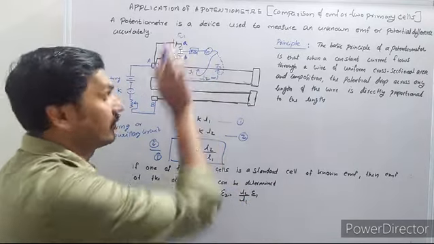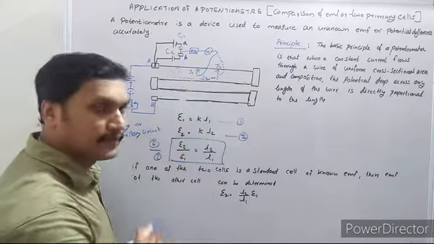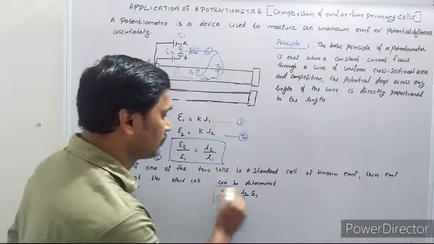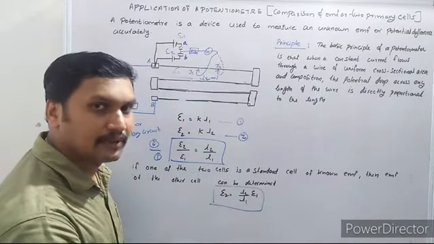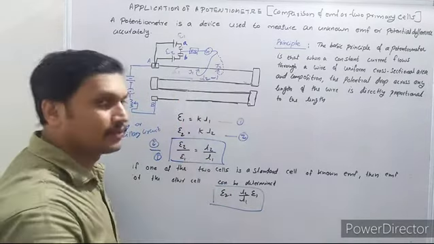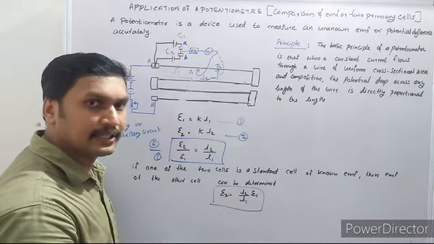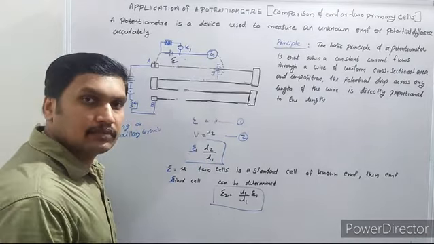Suppose E1 is a known EMF. Then we can find the unknown EMF E2 is equal to L2 by L1 into E1. So this can be used to measure an unknown EMF, or otherwise to compare the EMF of two primary cells.